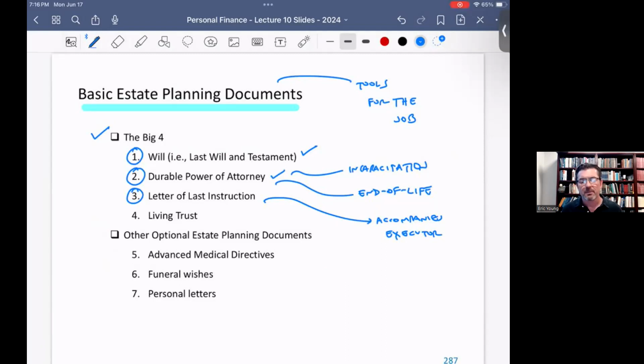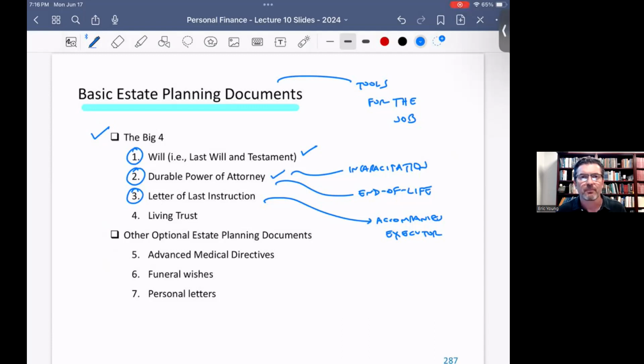Now, because nothing in personal finance can ever be simple, and it has to always be jargony, executors have different titles as well. So if it's a male, it's an executor. If it's a female, she's called an executrix. And this can also be called a personal representative.